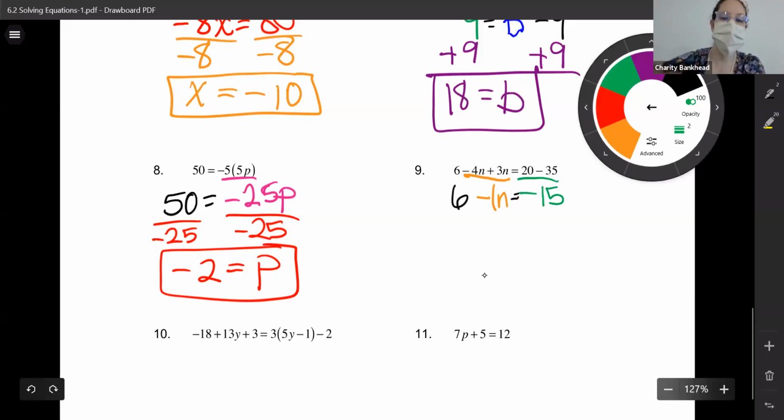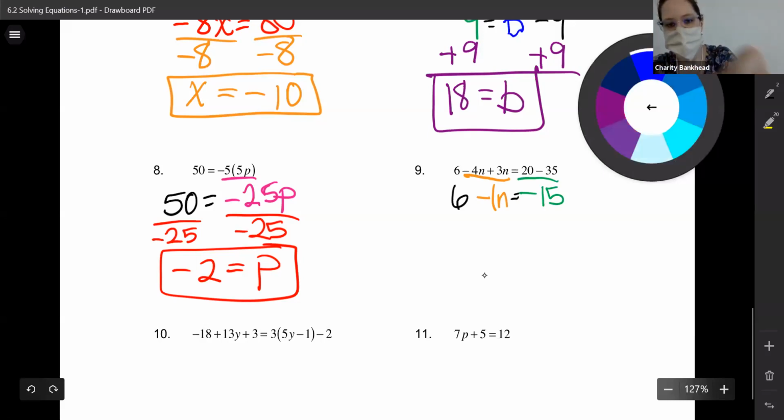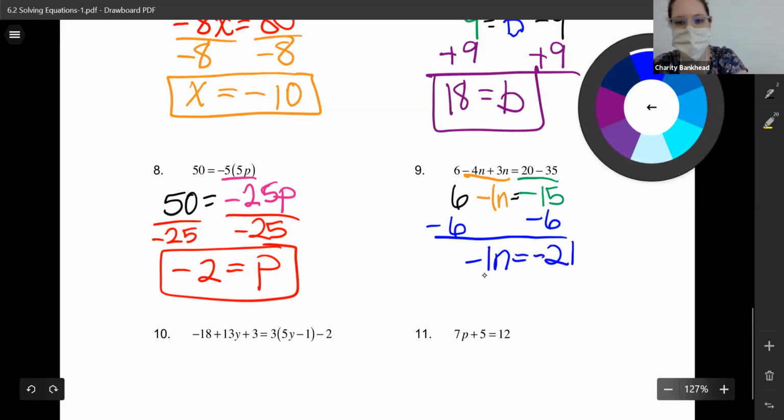All right, so I have 6 minus 1n equals negative 15. So next I'm going to subtract the 6 from both sides. So that gives me negative 1n equals negative 21. And next I can divide both sides by negative 1, which would give me n equals 21.